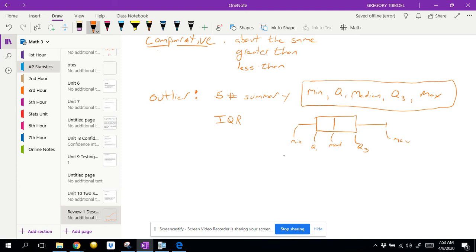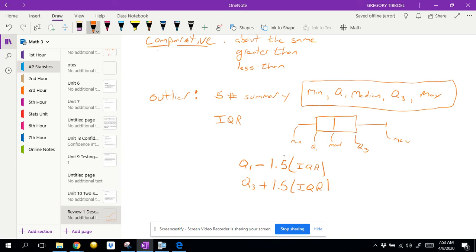Well, how do we find an outlier? Well, if they give me this information, we find an outlier by doing this formula. It is our Q1 minus 1.5 times the IQR, and Q3 plus 1.5 times the IQR. So you go to the bottom and you go 1.5 boxes out, and you go to the top 1.5 boxes out.